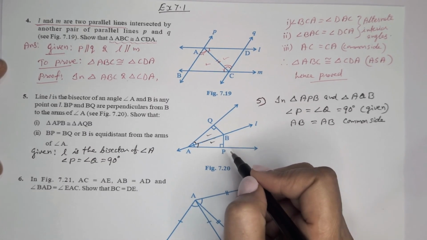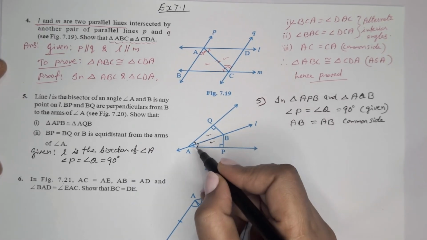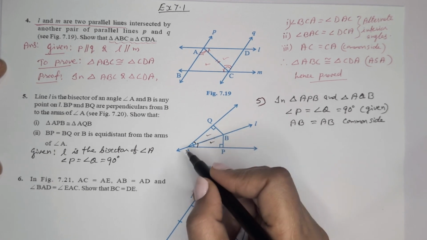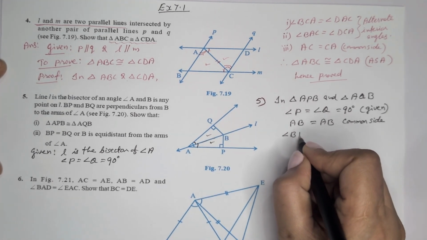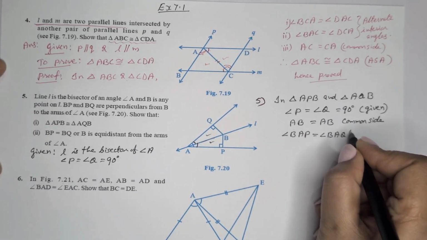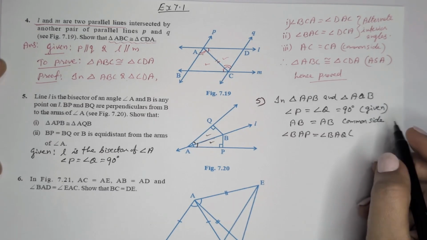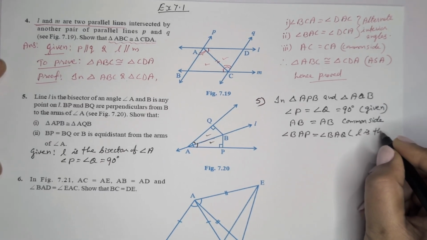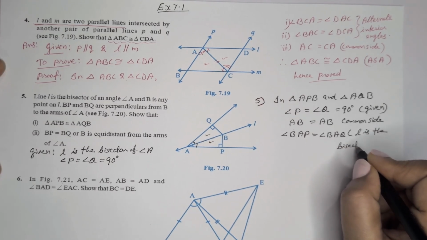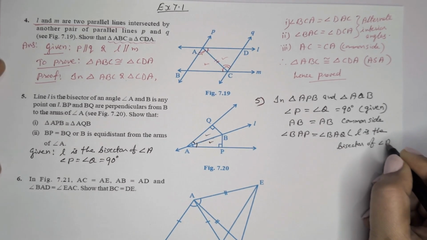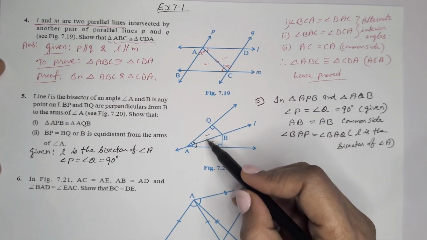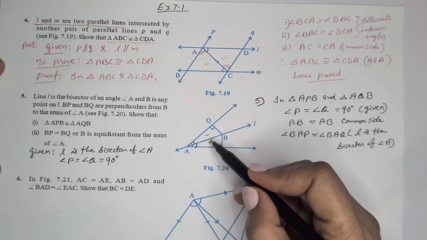So we can write angle BAP is equal to angle BAQ, because L is the bisector of angle A. Now we got three conditions: two angles and this side as common.